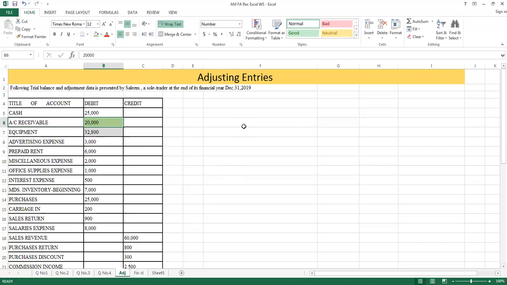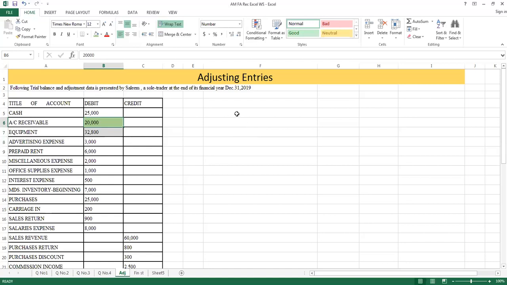But being a businessman, every business knows that sometimes it's difficult to get all the amount, and you expect that some amount might prove uncollectible. Since this is related to the sales that we made in this year, if any amount you are expecting will not be received should be treated as an expense in this year.